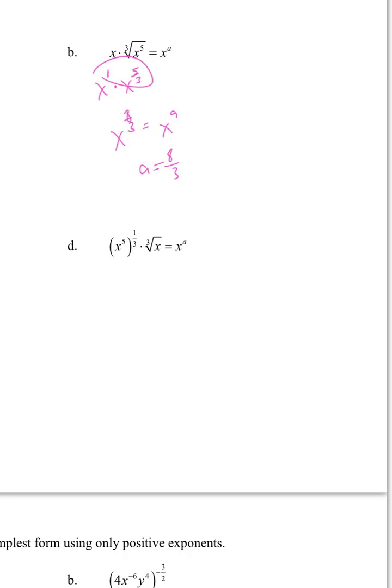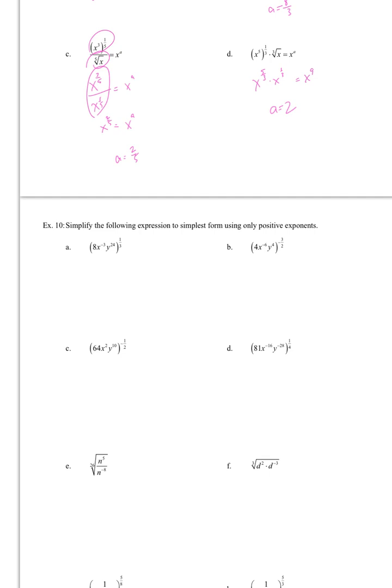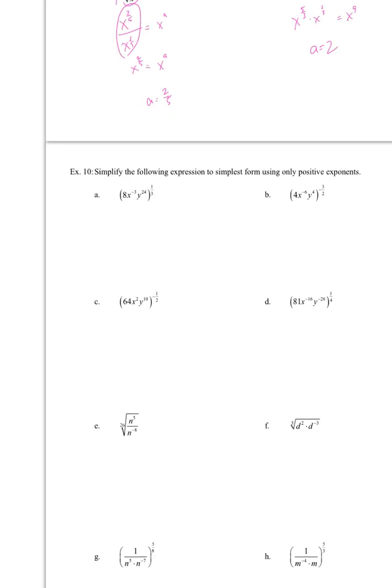All right, we have x to the 5/3 times x to the 1/3. Here I'm going to be adding those exponents, which is 6/3 or 2. A is 2. All right, and I know this has been a long lesson, but here we go.